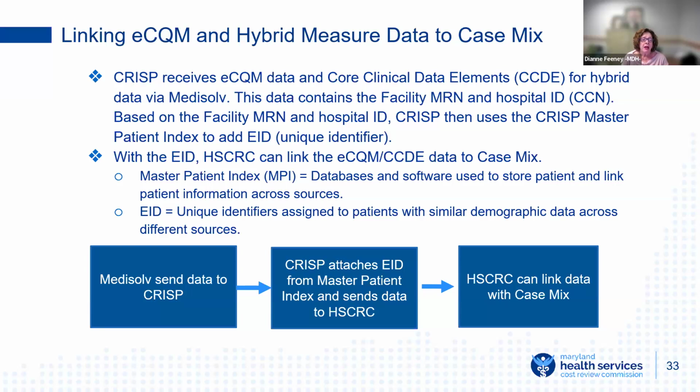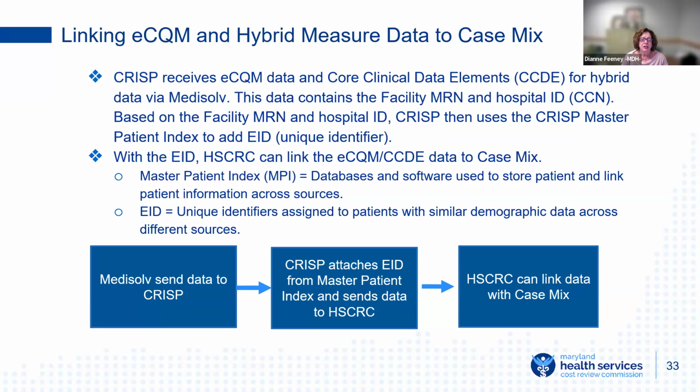Ultimately, as Kristen described, this clinical data really illustrates differences in patient populations and provides the opportunity for much more robust risk adjustment, and therefore would be a fairer way to compare performance across hospitals on these clinical measures.